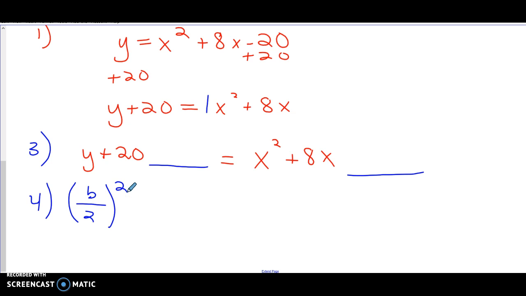So what is our b value of this quadratic on the right side of the equation? It's 8. So we take 8, we divide it by 2. What's 8 divided by 2? 4 squared is 16. But if we do it to one side, we need to do it to the other side.